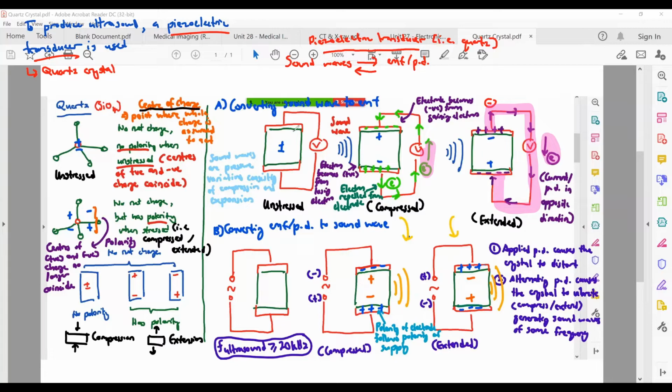Now, in this manner here, you see that if you have current, you're definitely going to have PD. You can only have current when you have potential difference, when you have voltages. So here it's correct to say that you have actually changed your sound waves to PD, to voltages. If your sound wave has this kind of variation, your voltage variations that you produce will be exactly the same frequency.